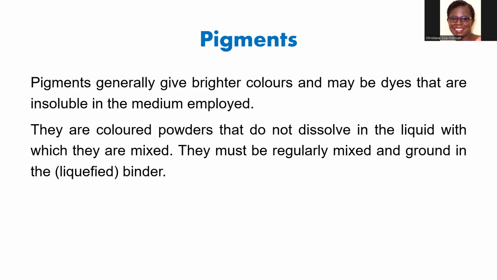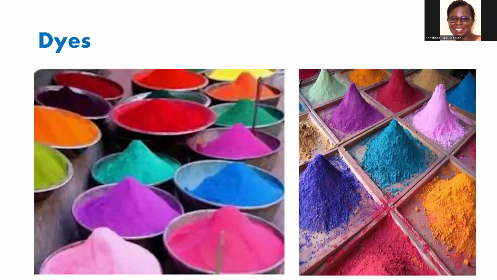They are colored powders that do not dissolve in the liquid. So when you put them in water, they will not dissolve. They must be regularly mixed and ground in the liquefied binder. So you have special binders that you use to mix them, but not liquid.